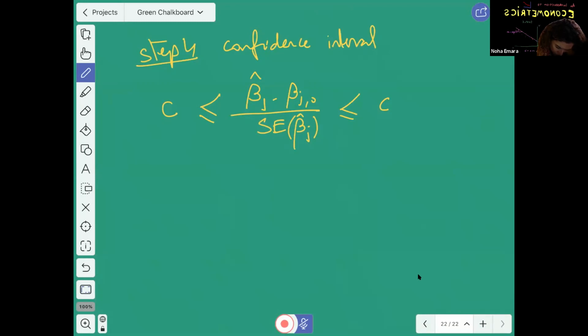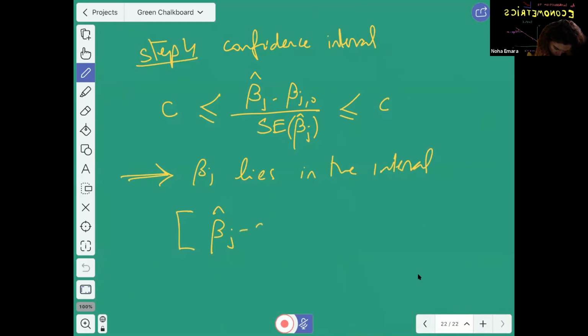And then we can say that this beta j lies in the interval equal to beta hat j minus the critical value times the standard error of beta hat j, comma, beta hat j plus the critical value times the standard error of beta hat j.